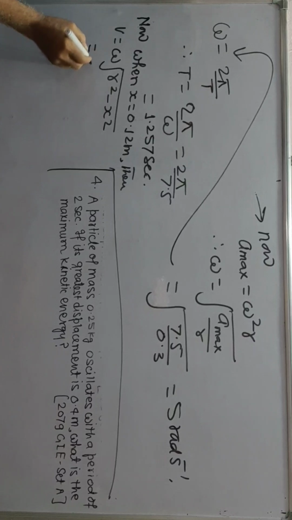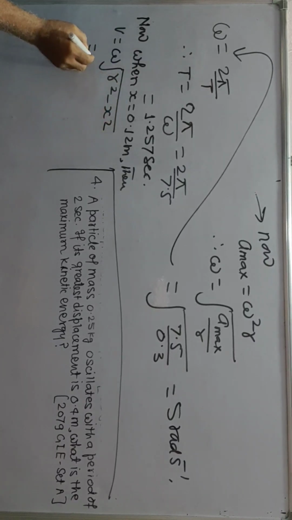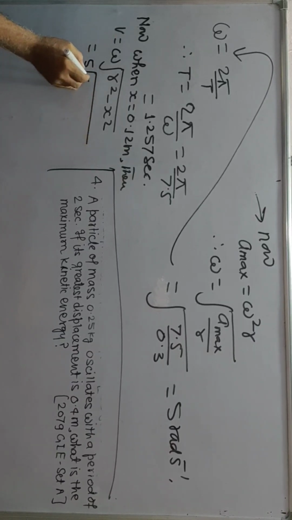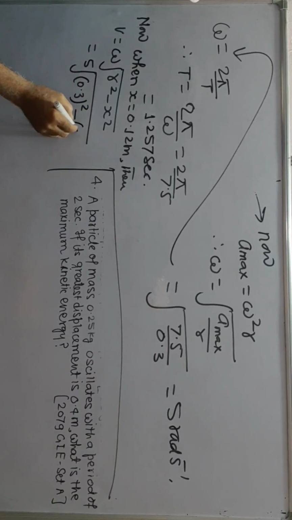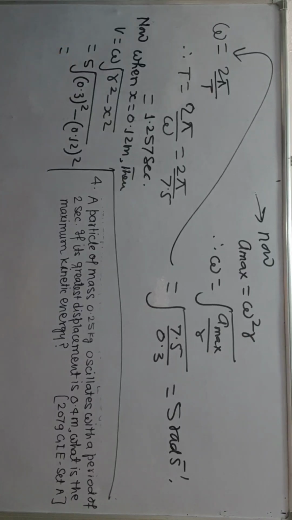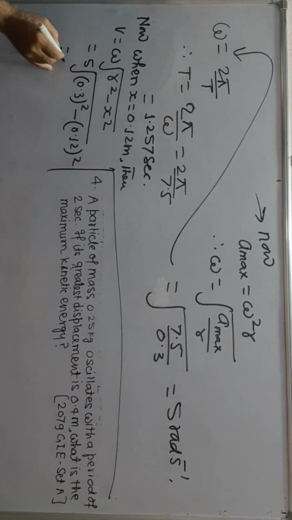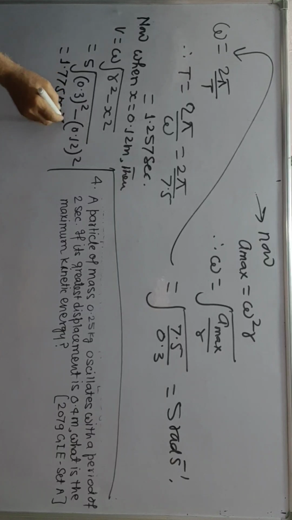So omega, r and x are known, so omega is 5 under root 0.3 its square minus 0.12 square. So we get velocity as 1.775 meter per second.